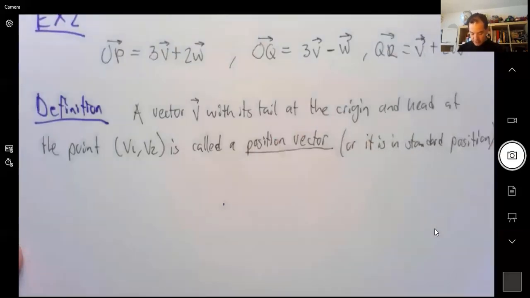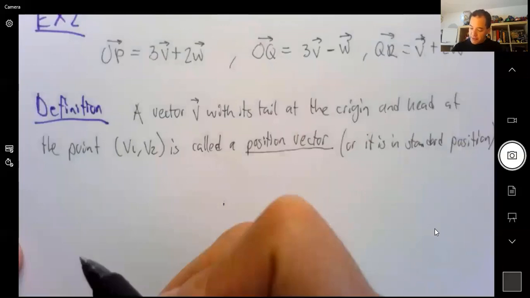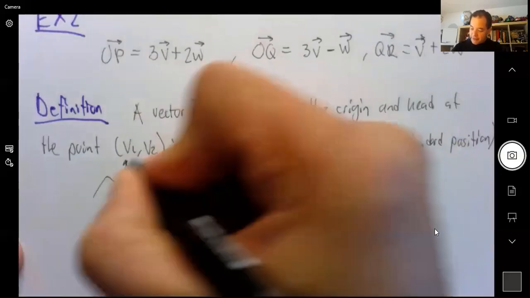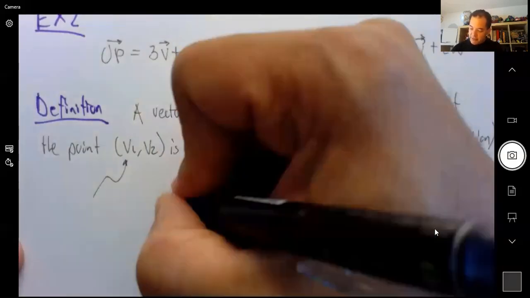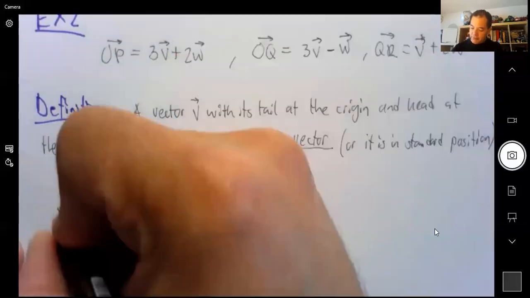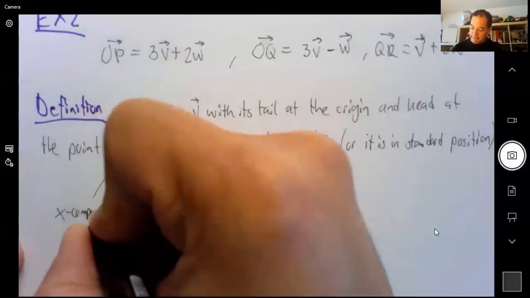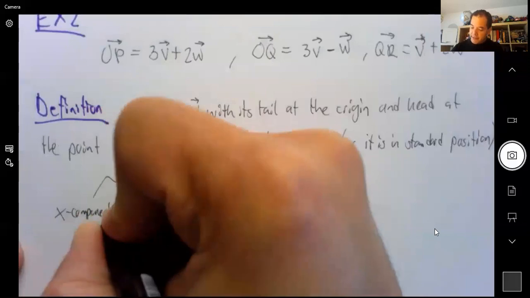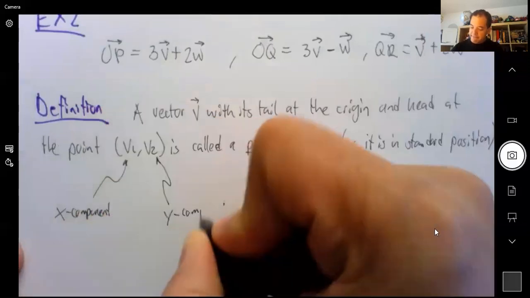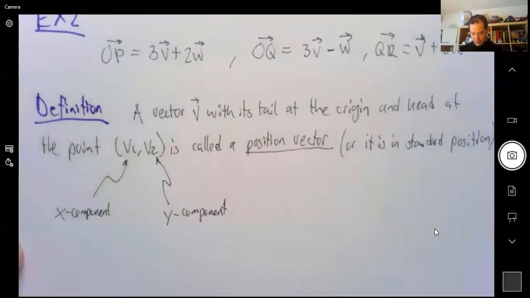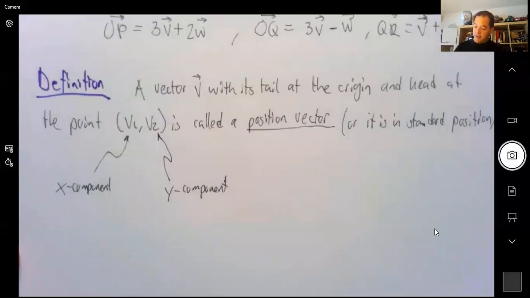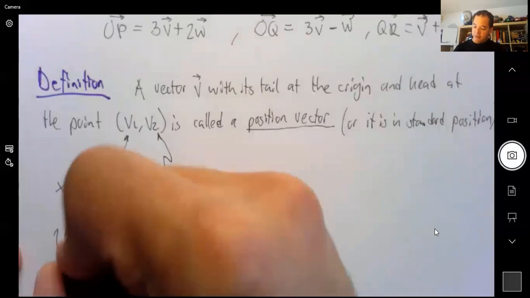And these numbers, V1 and V2, we call them the X and the Y components. So the first one is called the X component, and the second one is called the Y component. So this is the X component, and this is the Y component of the vector. All right, and we obviously say that two position vectors are the same.